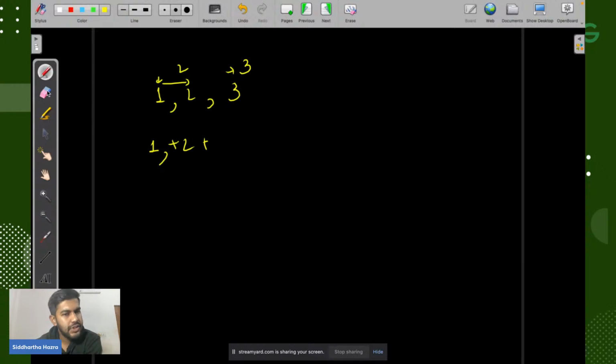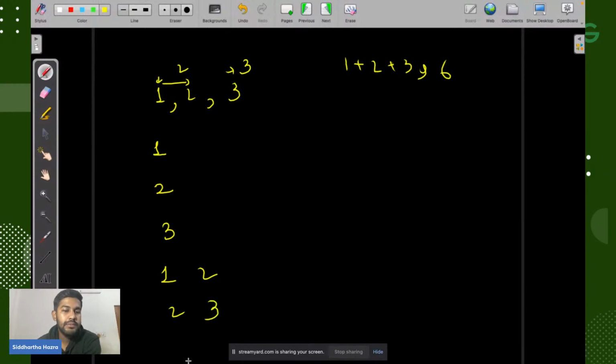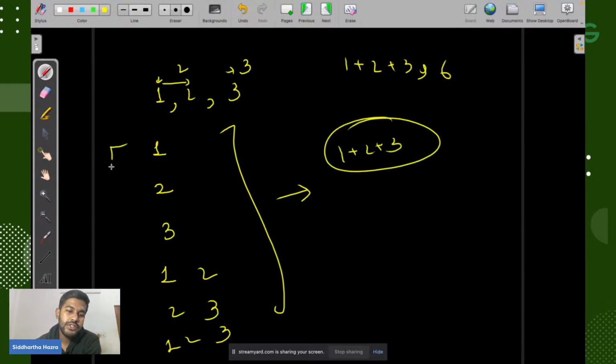There are six possible combinations: only 1, only 2, only 3, then 1 and 2, then 2 and 3, and then 1, 2 and 3. That is why if we just add 1 plus 2 plus 3, we get all these combinations.